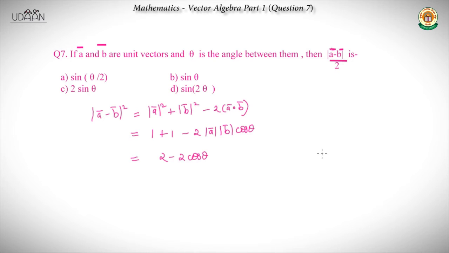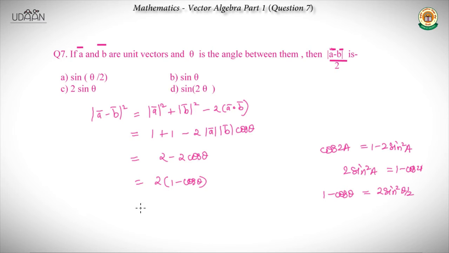Now from a simple trigonometric relation we know that cos 2a is equal to 1 minus 2 sin square a. So 2 sin square a will be 1 minus cos 2a. Similarly, 1 minus cos theta will turn out to be 2 sin square theta by 2. So substituting here, mod of a bar minus b bar the square is turning out to be 4 sin square theta by 2.